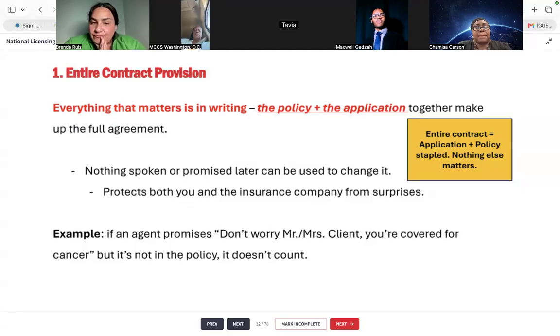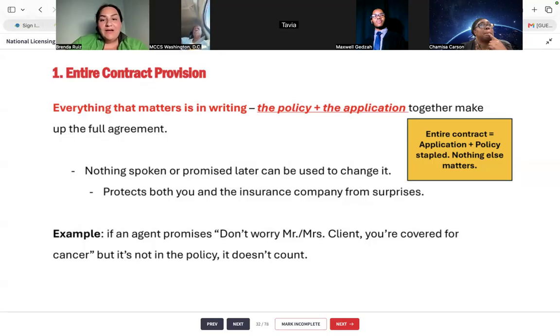Okay, so nothing that is spoken about or promised later can be used to change that agreement, right? You can't write a contract and then later go and make some changes to it verbally, right? You can't say things like, oh yeah, we can do that, but you don't actually write it down, right? If it's not in the contract, it's not going to matter. Okay, so there's an example that says, hey, if the agent promises, Mr. and Mrs. Client, don't worry, you're covered for cancer, but it's not specifically stated in the policy, guess what?